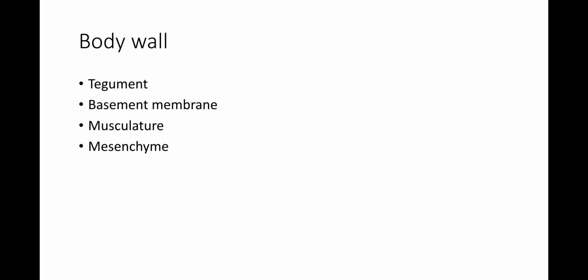Body wall of Fasciola consists of the following succession of layers: tegument, basement membrane, musculature, and mesenchyme. The body is covered externally by a thick non-ciliated cytoplasmic syncytium, the tegument.